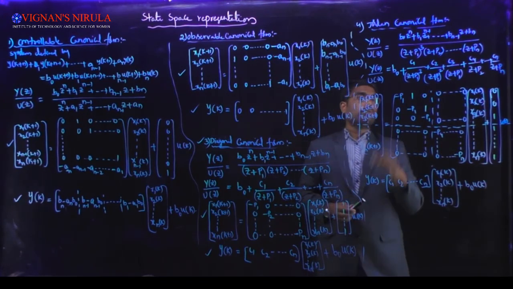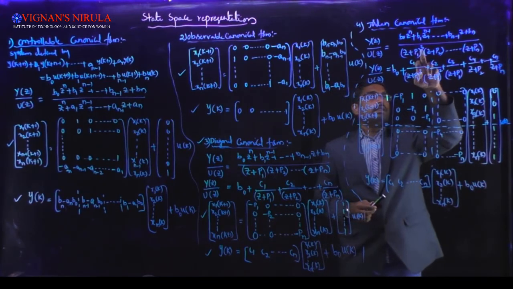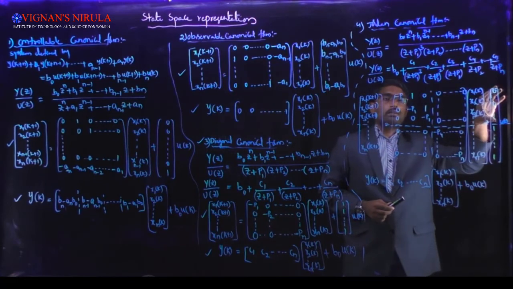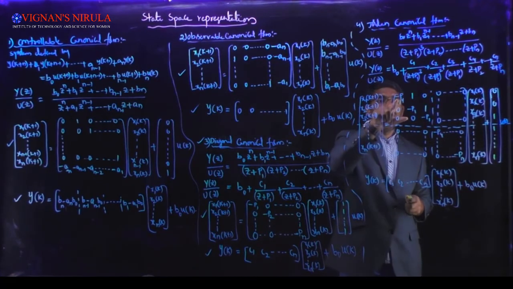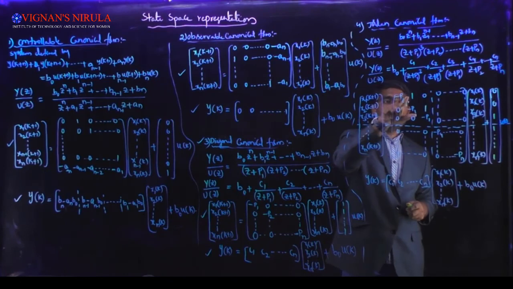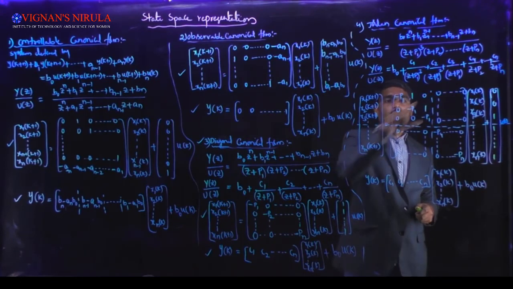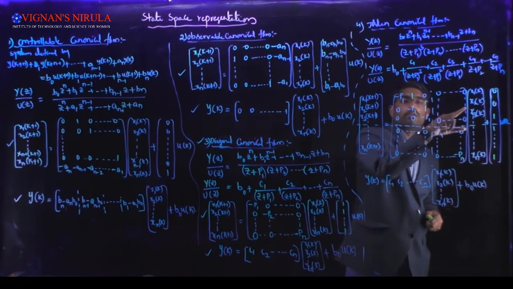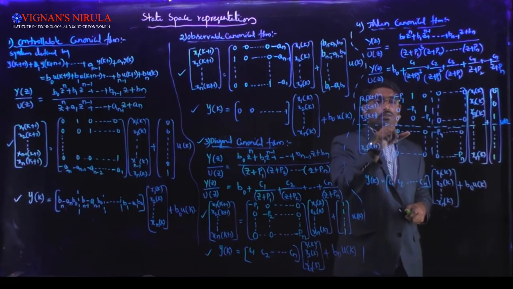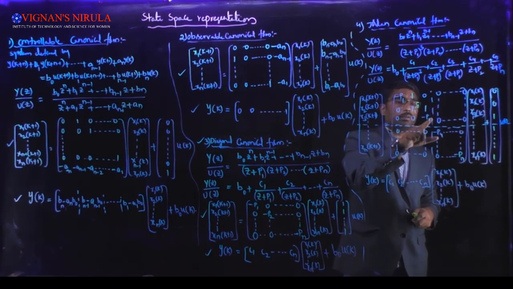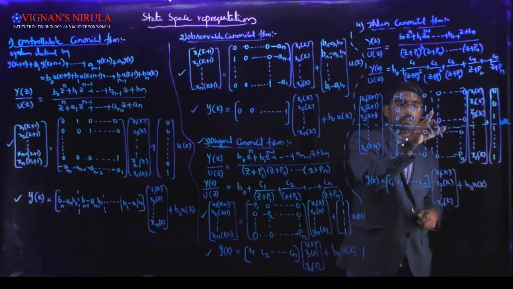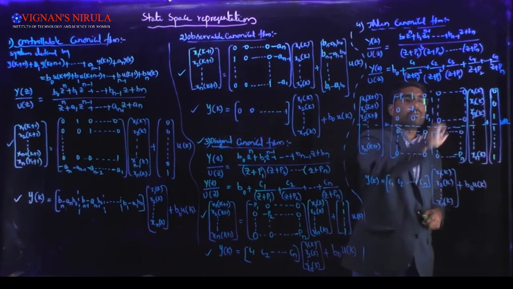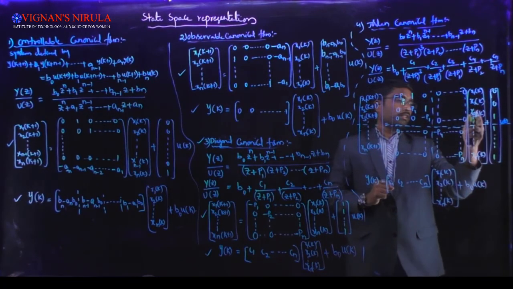first, since it is repeated 3 times, you will get 3 rows as a special case. The first row becomes minus p1 followed by 1, followed by all zeros. The second row becomes 0 followed by minus p1 followed by 1, and the remaining values are 0. The third row is 0, 0 followed by minus p1, and the remaining values are 0. In this way the first 3 rows can be filled, into x1 of k, x2 of k, x3 of k.